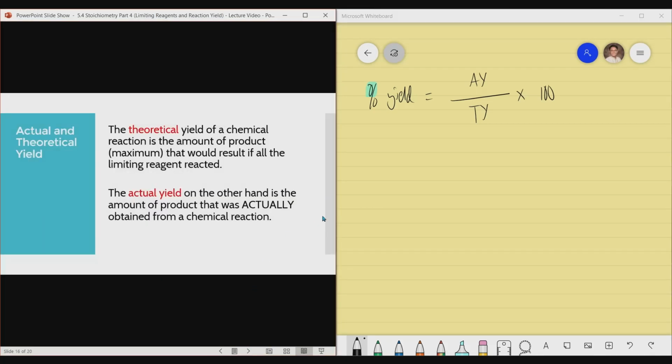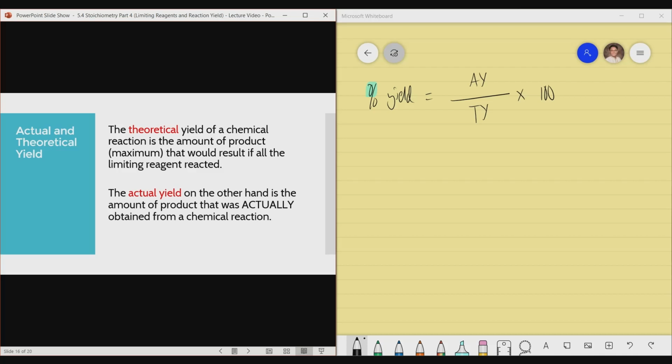Let's first differentiate theoretical and actual yield. As the name suggests, theoretical. That means, in theory, the theoretical yield of a chemical reaction is the amount of product or the maximum that would result if all the limiting reagent reacted. So meaning to say, when we say theoretical yield, ito po yung nanggaling sa computation, ito yung nanggaling in writing.